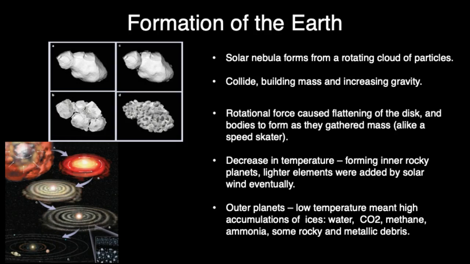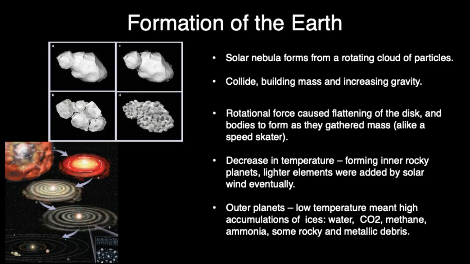So these hydrogen and helium elements were actually added by solar wind, not by the formation of the Earth itself, but rather later were kind of taken in, if you would, by solar wind. So at the same time that these rocky planets were being formed by the collision and the coalescence of the elements that were a little bit heavier, the outer planets were being formed as well.